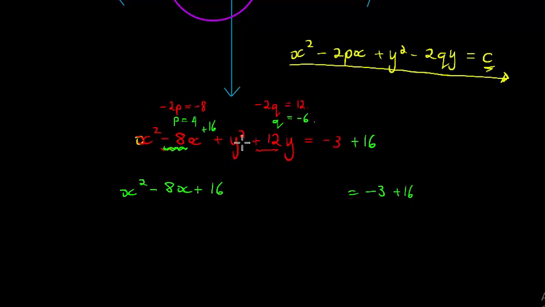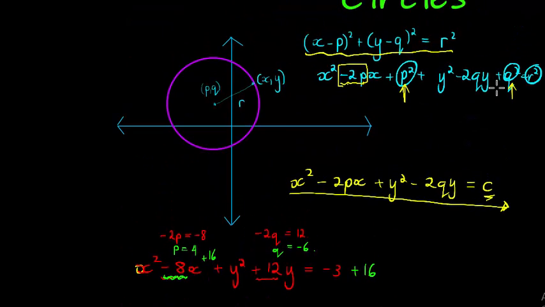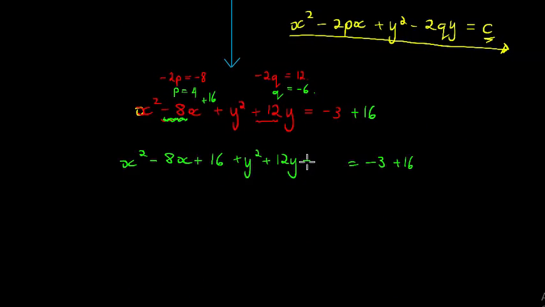For the y value, y squared plus 12y, q is negative 6, so negative 6 squared is 36, and I add 36. Or you could just say half of the value in front of y is 6, and I square it, so that's 36, plus 36 on both sides.